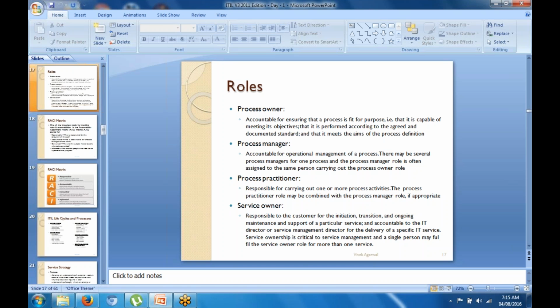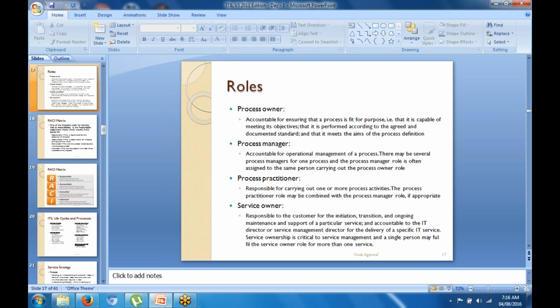So, accountable for operational management of a process: there may be several process managers for one process, and the process manager role is often assigned to the same person carrying out the process owner role. Process practitioner: this person is responsible for carrying out one or more process activities. The process practitioner role may be combined with the process manager role if appropriate.